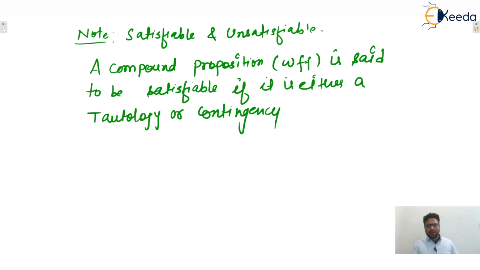Then that is known as satisfiable. Means if any expression is a tautology, then we can say that this one is satisfiable. And if it is contingency, then also we can say that it is satisfiable. But if it is contradiction, then we will say this one is unsatisfiable.